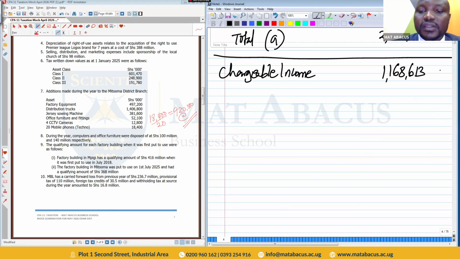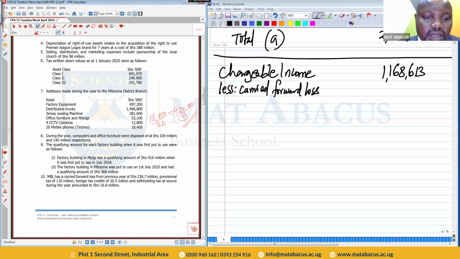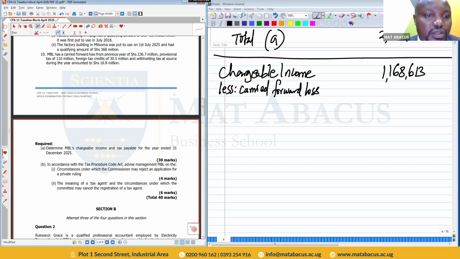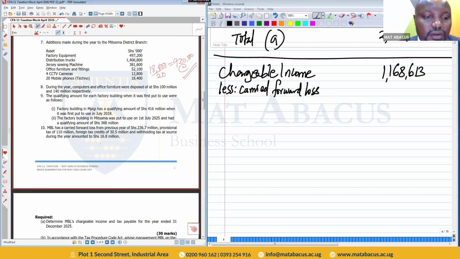So one of the adjustments, you less if there is any carried forward loss. Carried forward loss, these are losses that you incurred in the previous years and have been carried to this financial year. So the financial year had a carried forward loss on Note 10 of 236,700.